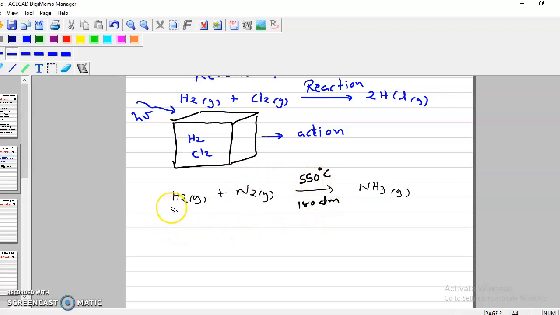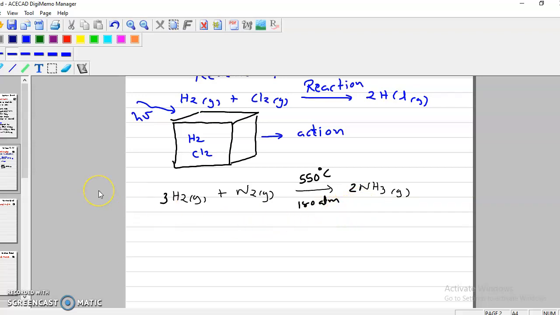But once we combine hydrogen and nitrogen, this will produce only ammonia, because it is a reaction. Hydrogen cannot command nitrogen that we will produce something other than ammonia. They have to produce ammonia. So in any reaction, the results are known, predictable, and that is why we call them reactions.